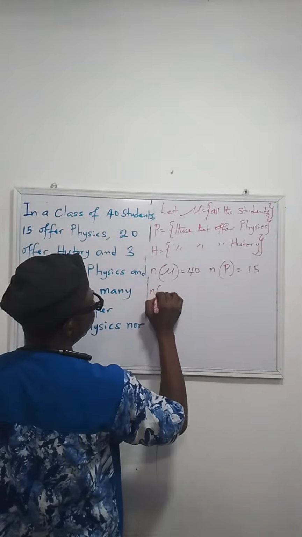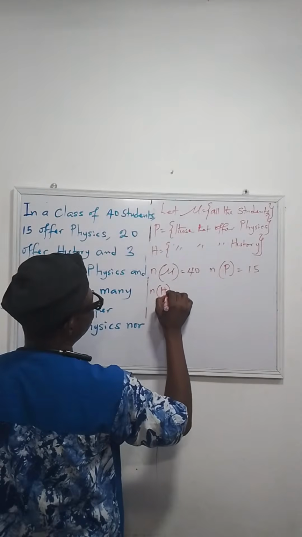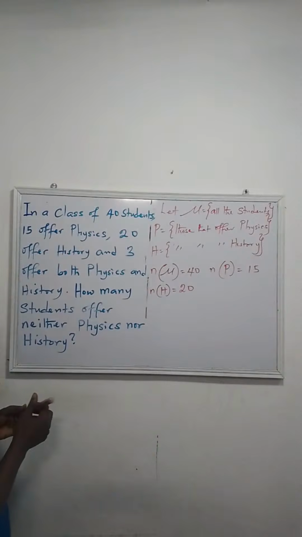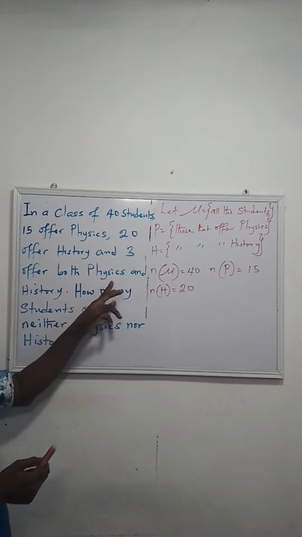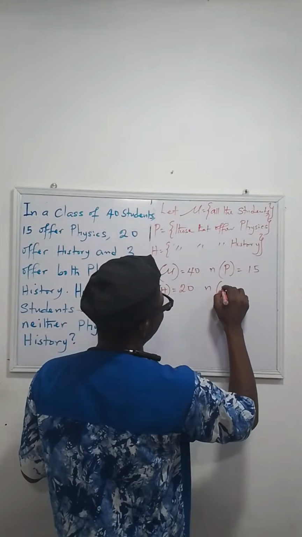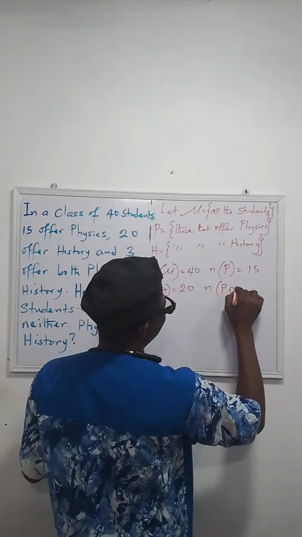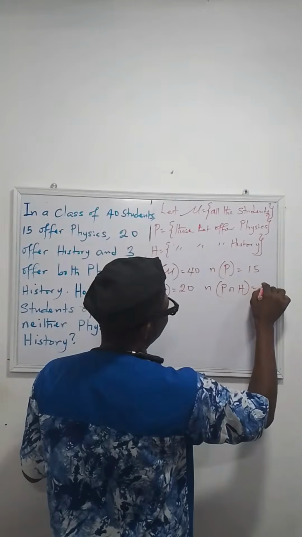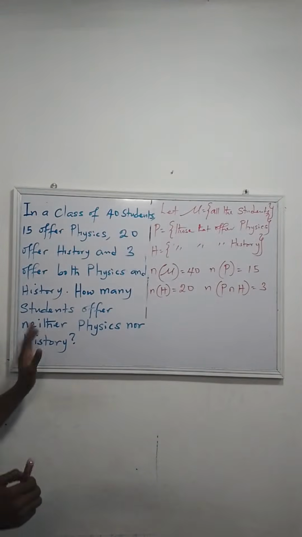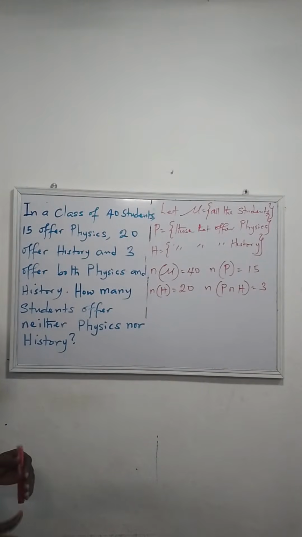The number of those that offer history is 20. Right. Now, 3 offer both physics and history. So the number of those that offer physics and history is 3. So we can now go ahead and find the number of students that offer neither physics nor history.